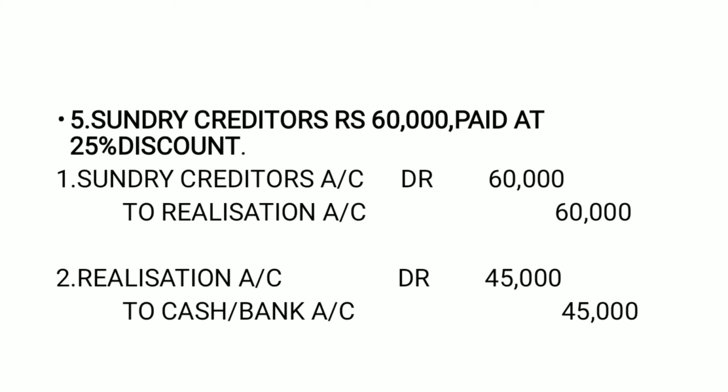Okay, this is the book value. I repeat, always while closing the accounts of an asset or closing the account of a liability, the book value is to be considered. The book value here is 60,000. Yes?